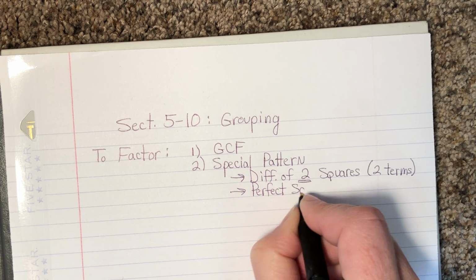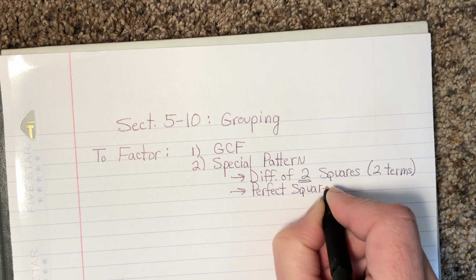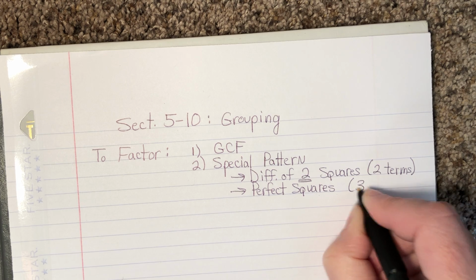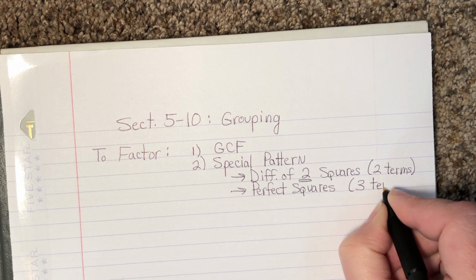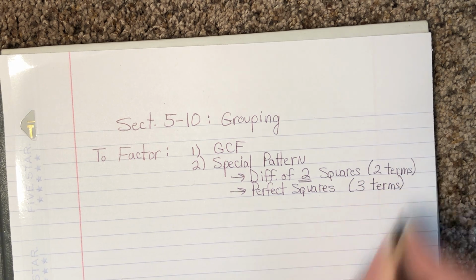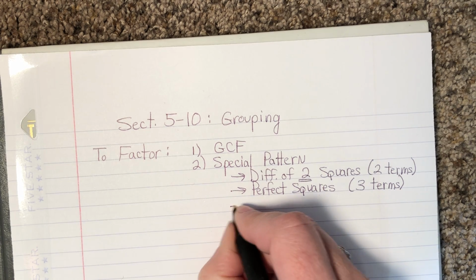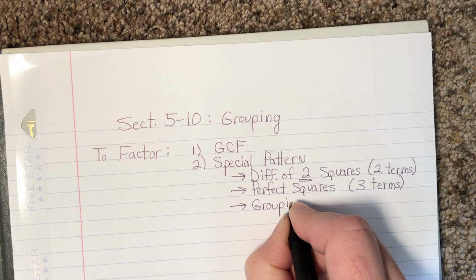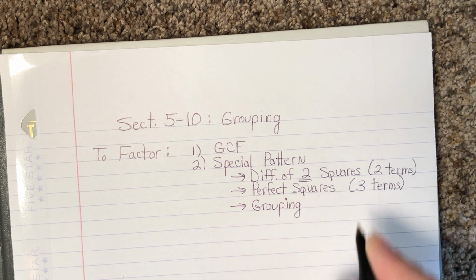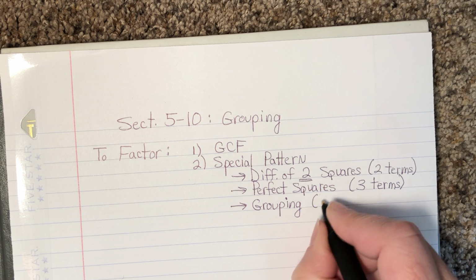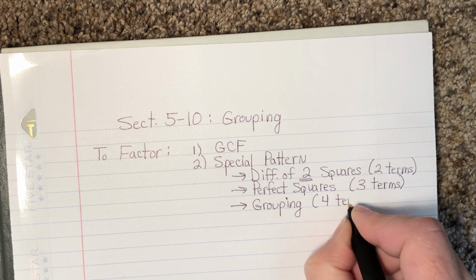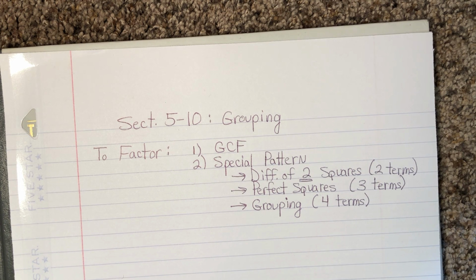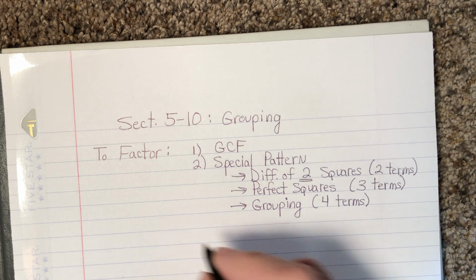And remember, there's a test to see if it's a perfect square. Perfect squares have three terms, so they look different than the difference of two squares. And then the one we're going to do today is called grouping. It is distinct from the other two because it has four terms. It's our only pattern that's going to have four terms, so it's very easy to recognize.